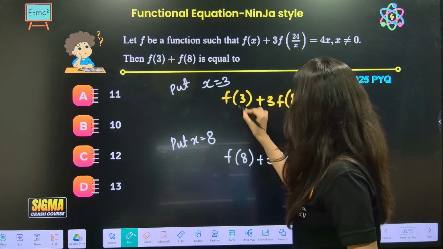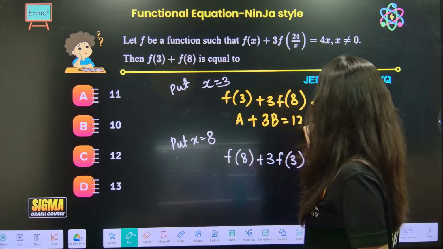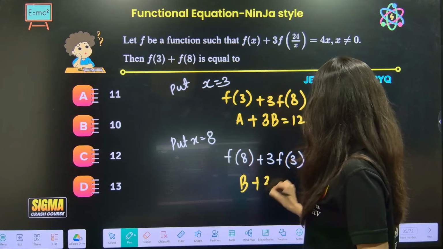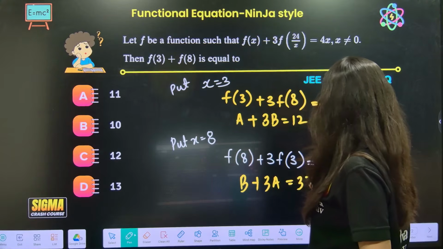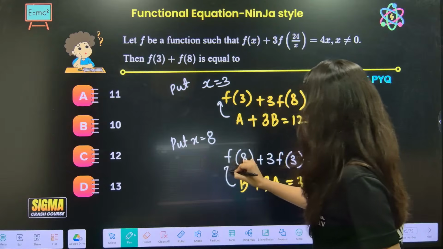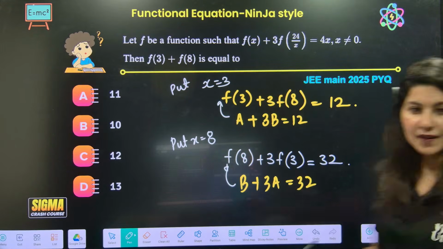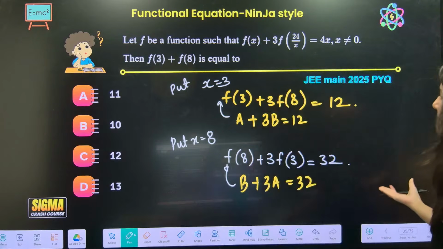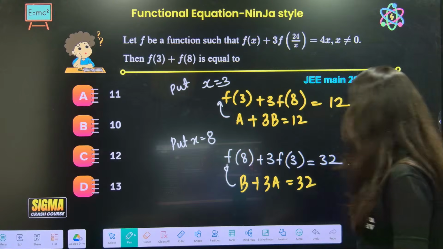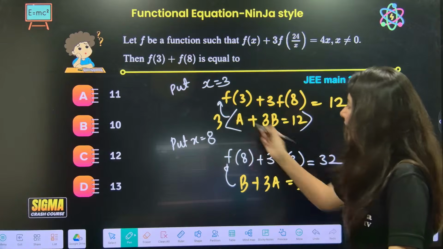This is just purely two equations, two unknowns. If I mark f of 3 as a and f of 8 as b, this is a plus 3b is equal to 12, and this is b plus 3a is equal to 32. Now just solve it for a and b. Very easy question, right? How will you solve it? By multiplying the first equation by 3 and subtracting it.